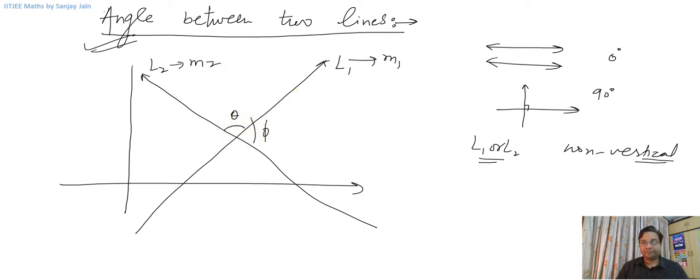Okay, and we also know that these two angles form a linear pair with each other, or in other words, these are supplementary to each other, right? So if we know about one of these angles, we can find out the other one also. So let us not worry about phi for a moment and think about this theta.